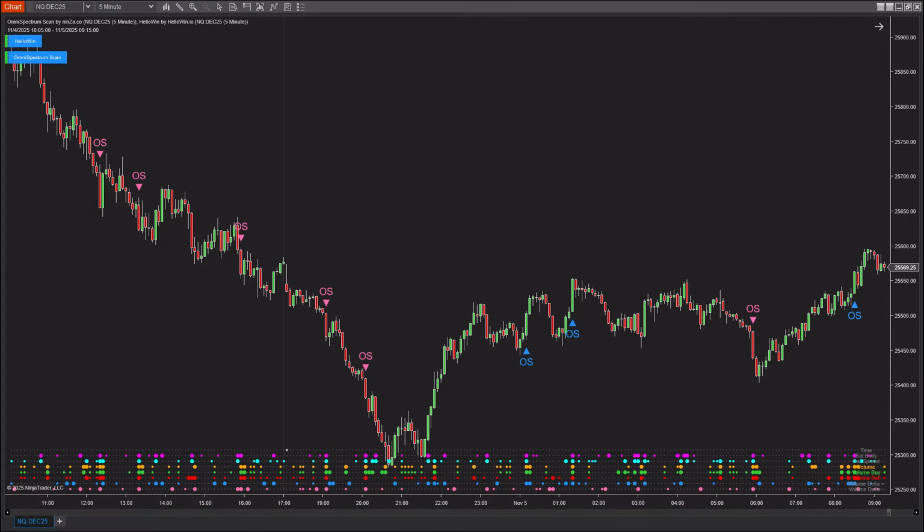Before we hit the backtest button, let's take a moment to walk through the setup so you can see exactly how everything is configured.